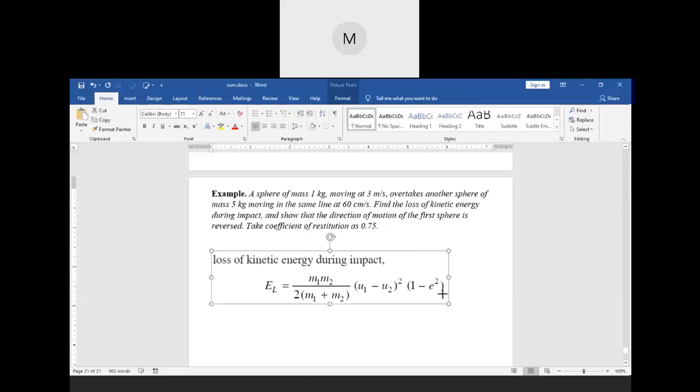You have to use this formula. This is the formula for loss of kinetic energy during impact. It is derived from the previous equations only, to make things simpler. Now you know m1 and m2, u1 and u2, and e also you know, 0.75. So can you find out the loss of kinetic energy during impact, students?